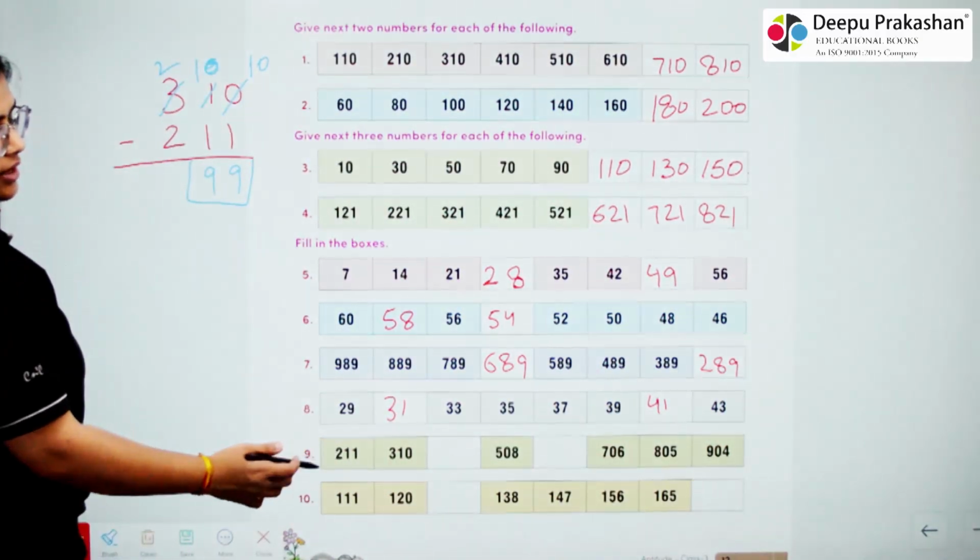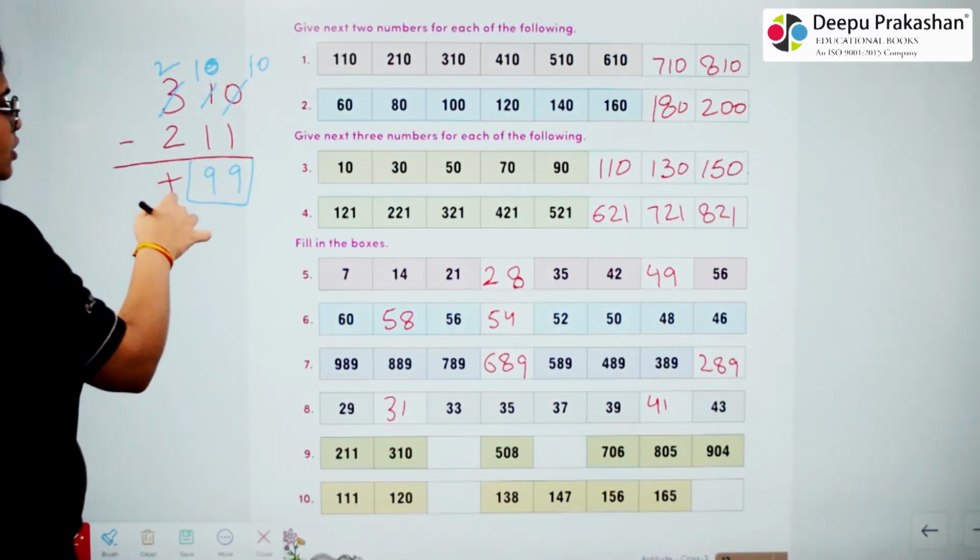That means there is an addition of 99 between the two numbers.